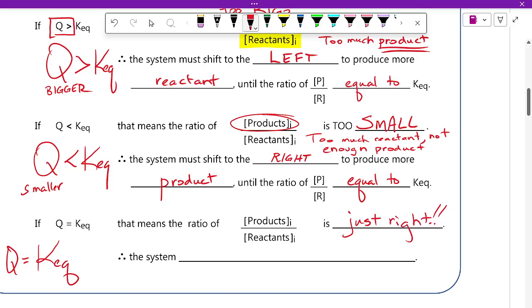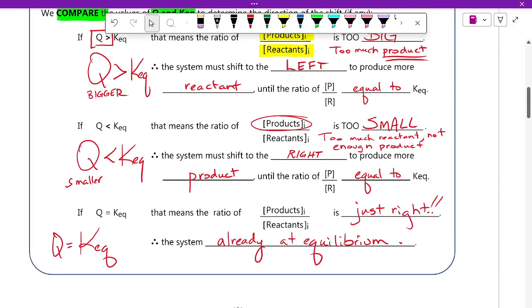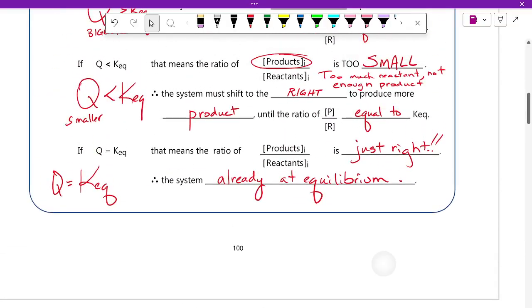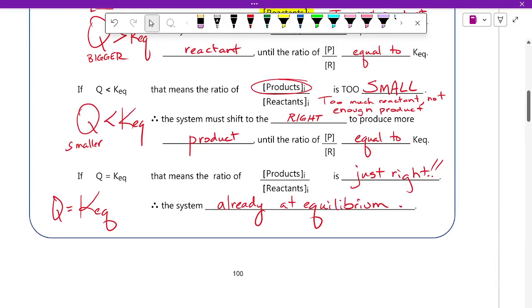That means the system is already what? At equilibrium. Already at equilibrium.